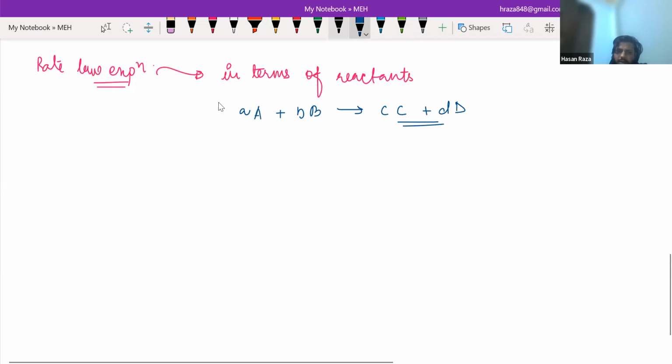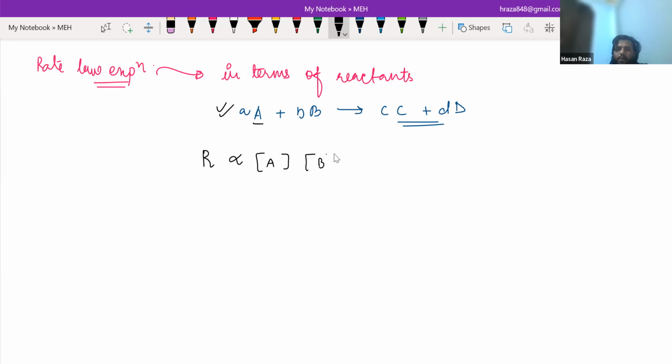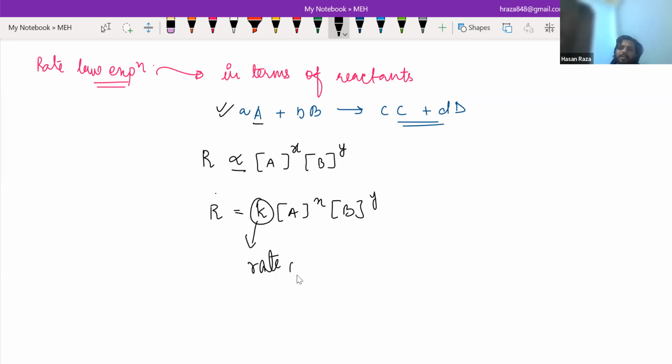Rate law expression is in terms of reactant, and you can see the rate is directly proportional to the product of the reactants raised to the power of something, and this power is experimentally determined. To remove the proportionality sign we use a rate constant k, which only depends on temperature.